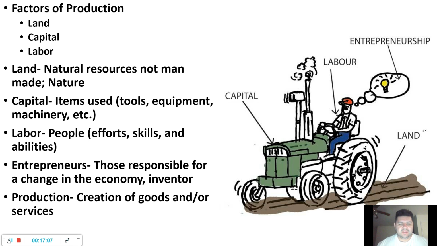The last one is labor. Labor is people. So when you hear labor, they're talking about people's efforts, their skills, and their abilities. That's when we talk about more machines, less machines, or more people, less people. Because a person's skills play a huge role in something being made.